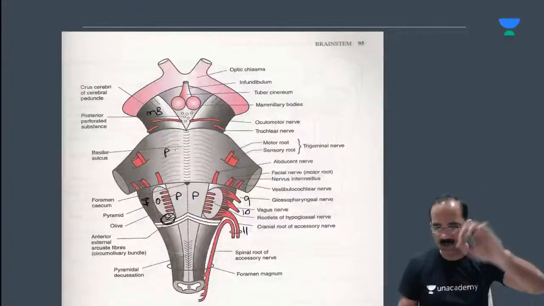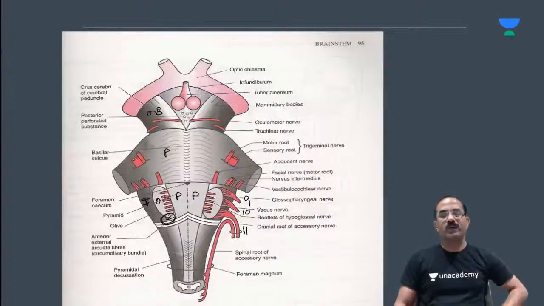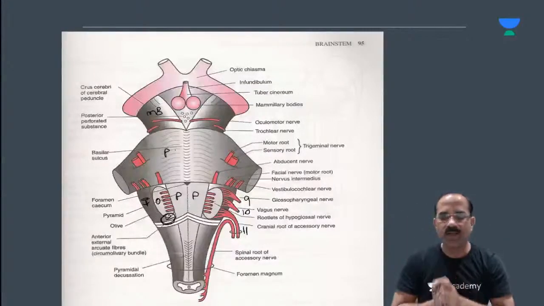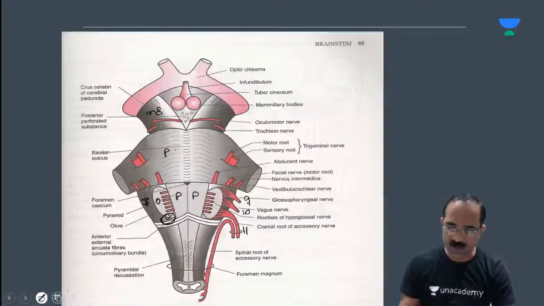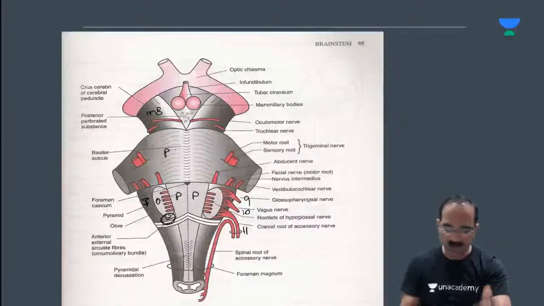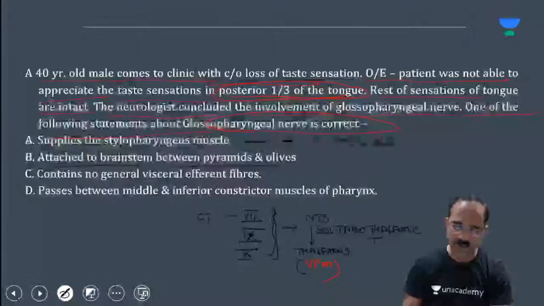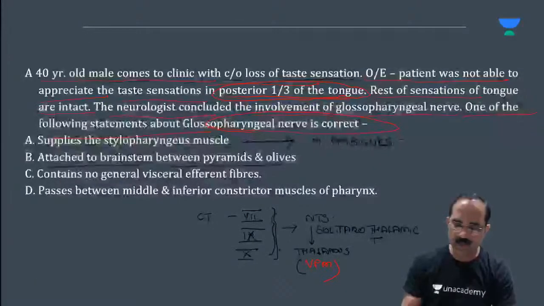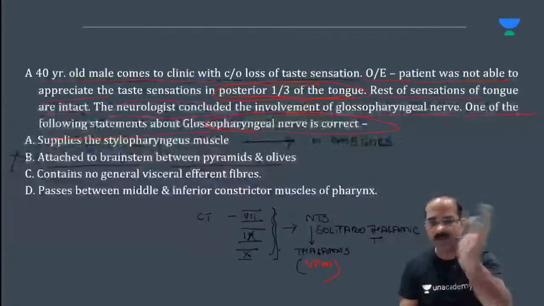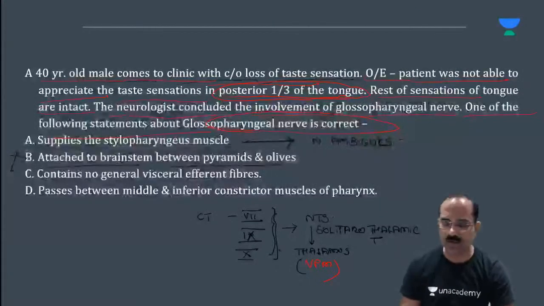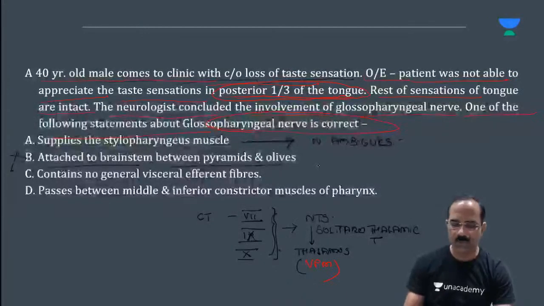You're answering well. Where is the glossopharyngeal nerve attached? It's between the olives and the inferior cerebellar peduncle. So, attached to the brainstem between the pyramids and olives is wrong.